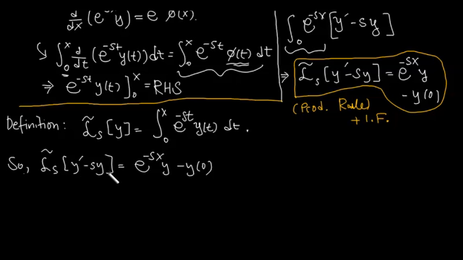So this is an actual function. This is not an equation. We have a function, and we happen to have this special expression of that function written here. And if you hit it with this operator, it becomes this simple.